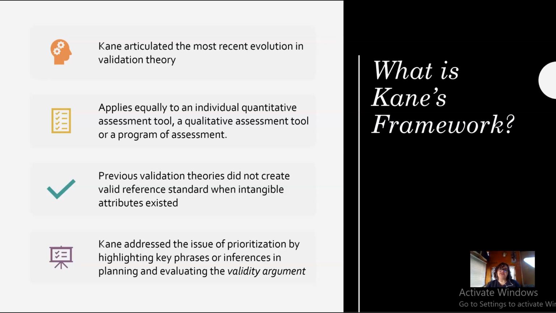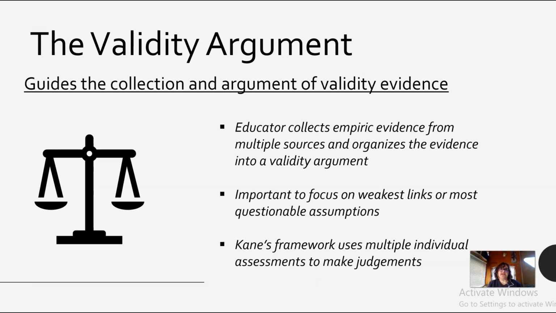Kane addressed the issue of prioritization by highlighting key phrases in planning and evaluating the validity argument. So what exactly is the validity argument? Basically, this guides the collection and argument of validity evidence.